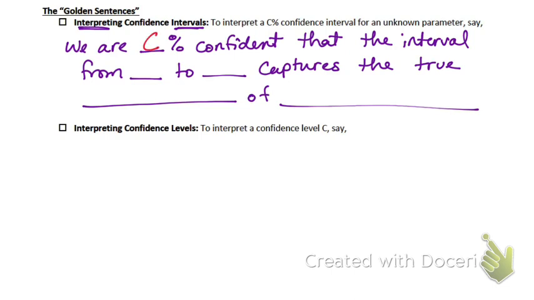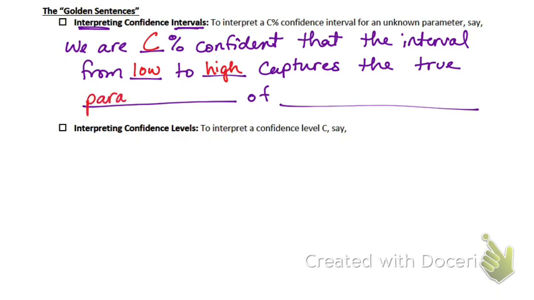We are C percent. C percent is the confidence percent, the confidence level that you are. We are C percent confident that the interval from low to high, this is basically your low estimate to your high estimate, captures the true what? This is going to depend on what you're doing.